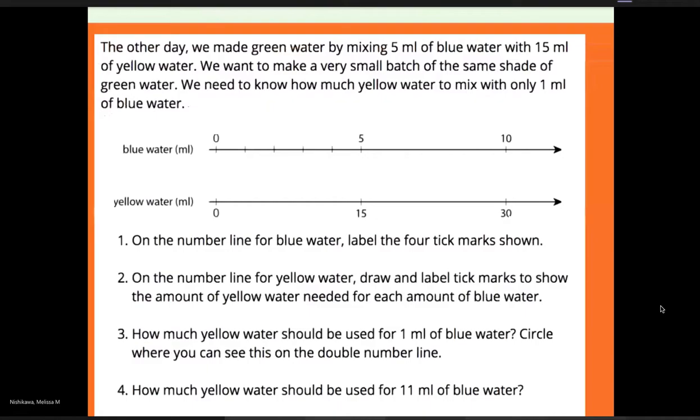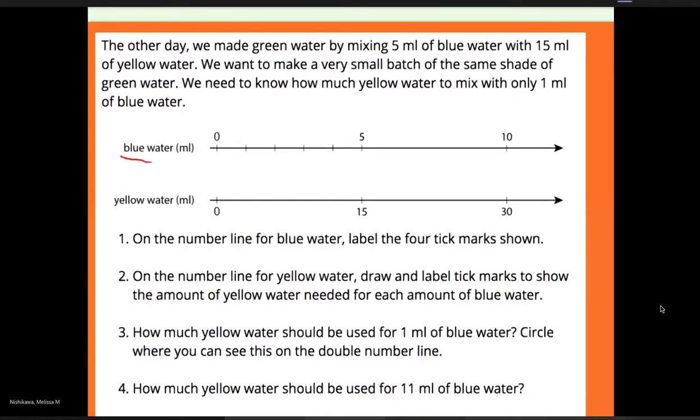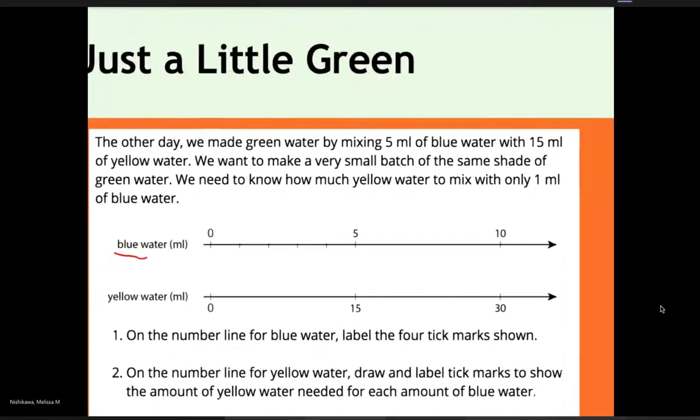So the first thing we're going to do is on the number line for blue water label the 4 tick marks that are shown. So we have each of these tick marks. So if we're going to label them, make this a little bigger.